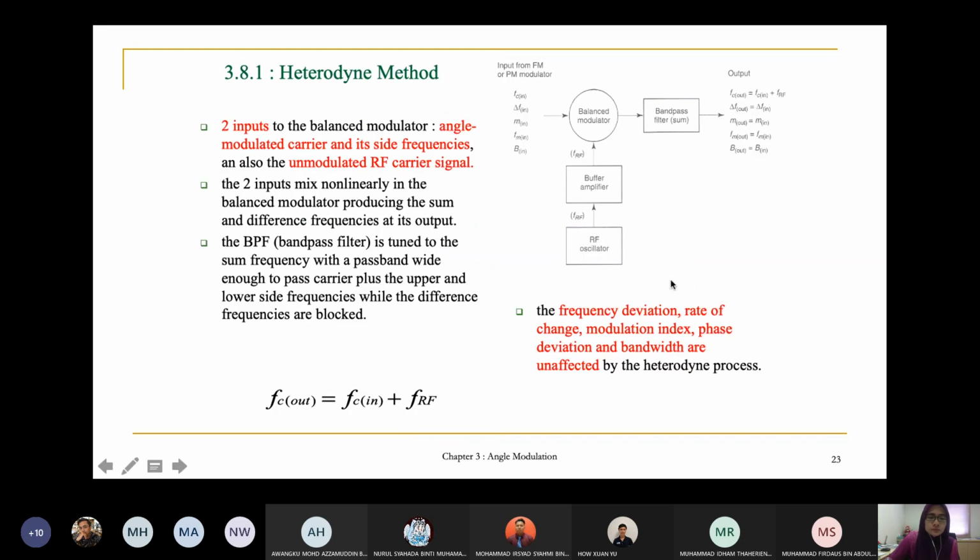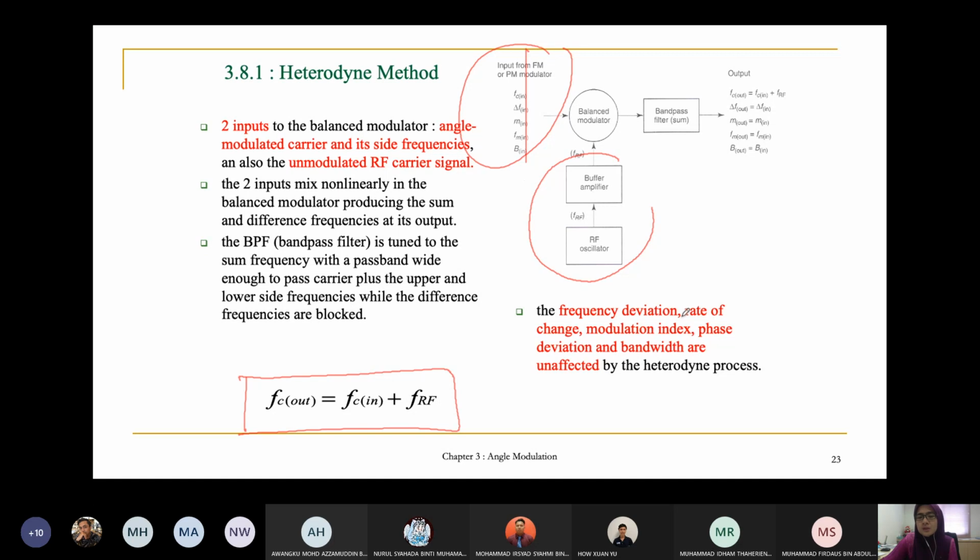So this one I've already explained. You can see that for the balance modulator, you have two inputs. One input is from the FM PM modulator, and another input is the unmodulated RF carrier signal that we generate. The only one affected is the Fc.